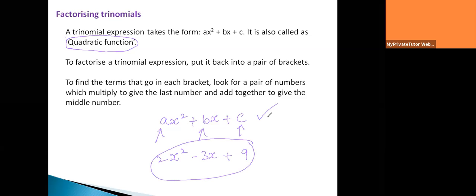From this quadratic equation, how to find the factors? If you read the third paragraph, you will get an idea, but instead I will explain. We have two different cases. One is when a equals 1.